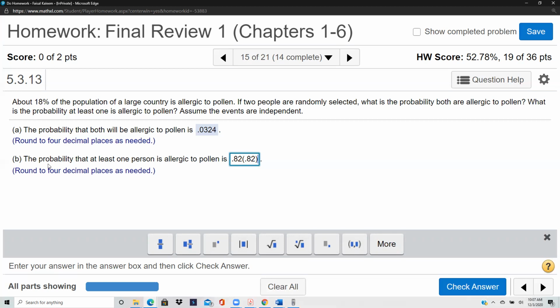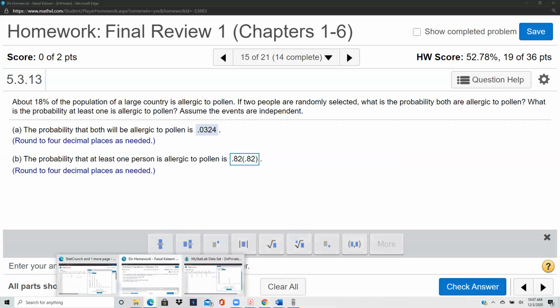Wouldn't we change the sign to greater than or equal to? Right, and change the 2 to 1? Yeah, at least one means greater than or equal to one. So let's try that.